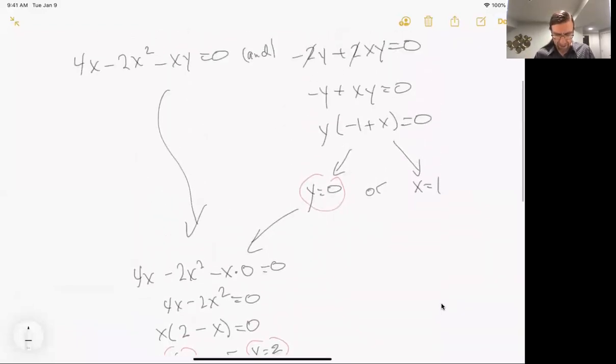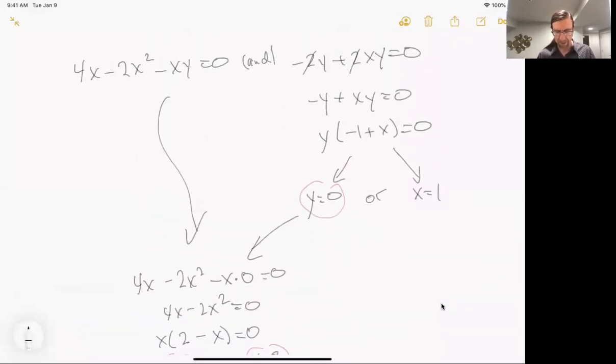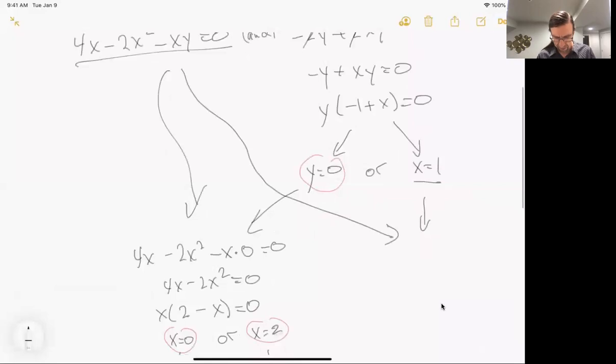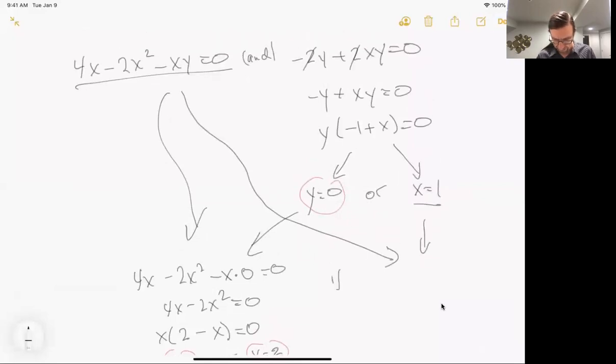Now we've got to go back up to the top because we missed a case. It could be that the first equation was true and x equals 1, right? Rather than y equals 0, we could have x equals 1. So we have to combine this equation and this equation. And that gives us 4 times 1 minus 2 times 1 squared minus 1 times y equals 0.